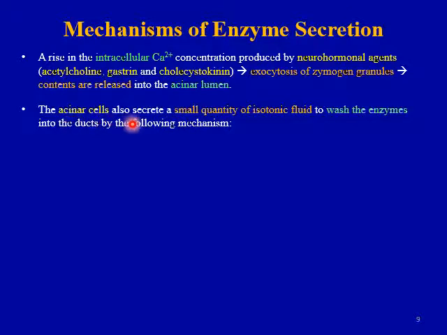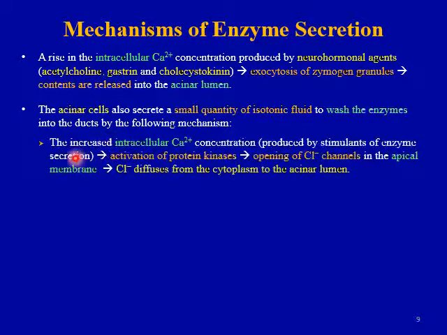The acinar cells also secrete a small quantity of isotonic fluid to wash the enzymes into the tree of the pancreatic ducts, and this is achieved by the following mechanism. Number one, the increased intracellular calcium concentration produced by stimulants of enzyme secretion, and these are acetylcholine, cholecystokinin, and gastrin, will activate a protein kinase, and this will lead to the opening of chloride channels in the apical membrane.